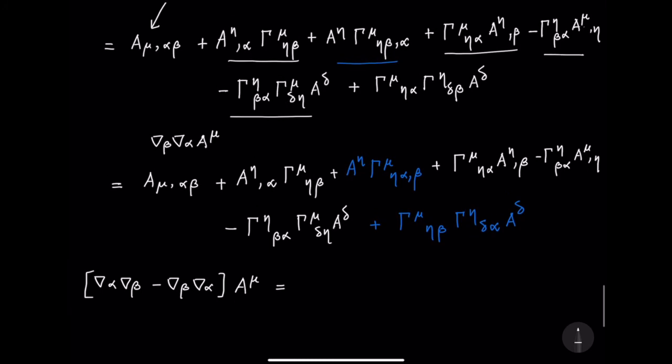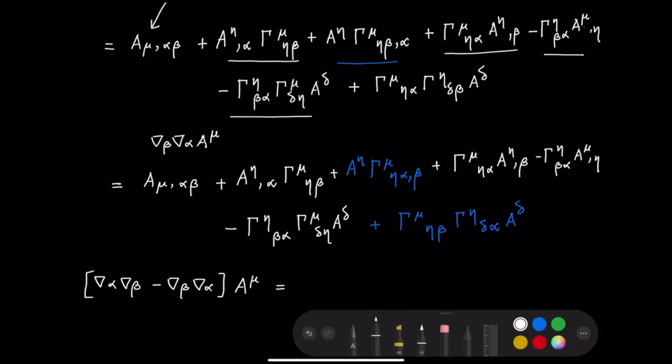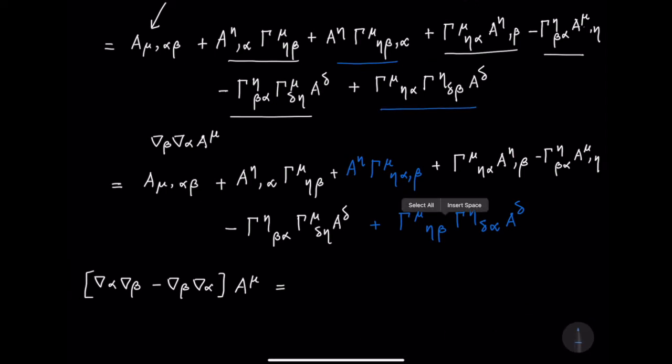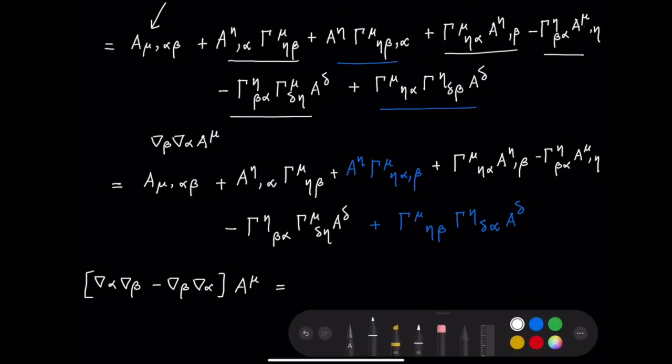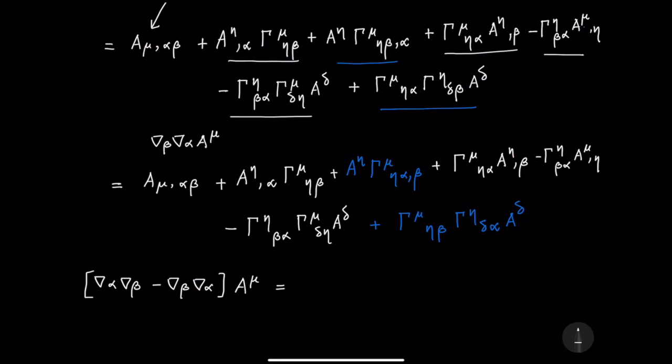Clearly, everything will cancel out, only the terms written with blue or underlined with blue will remain. So let us write those down. I have A eta, and let me take A eta outside, at least forcefully for the time being. Let's see if we can write everything in terms of A eta outside.